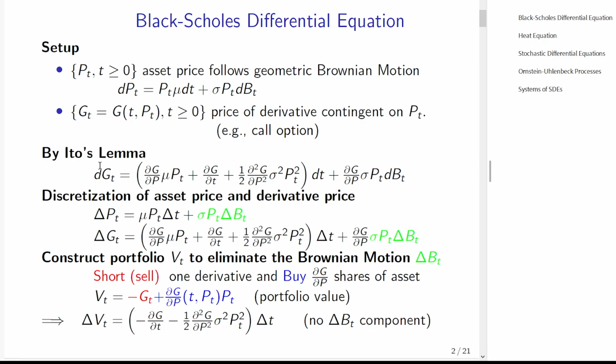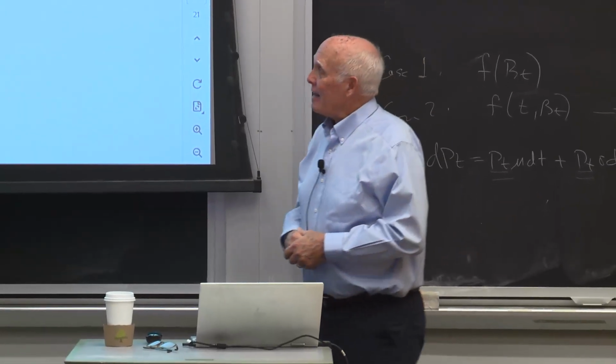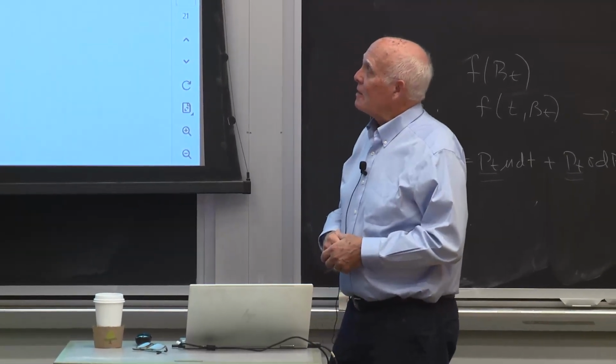Okay, these slides are a bit dense, but I've color-coded some of the pieces so we can go through it more slowly. Let's go through the derivation of the Black-Scholes differential equation. You've already seen this a few times in the class, from a guest lecture and from Vasily's lecture, but I think it bears repeating here.